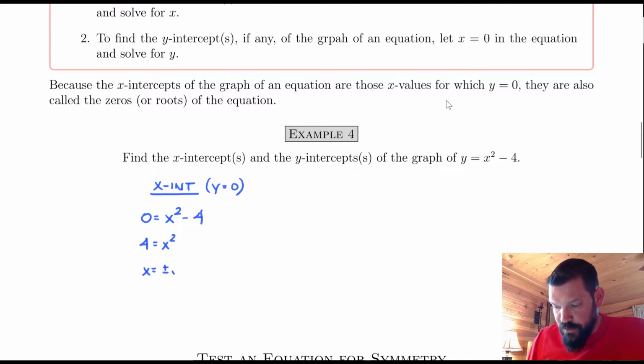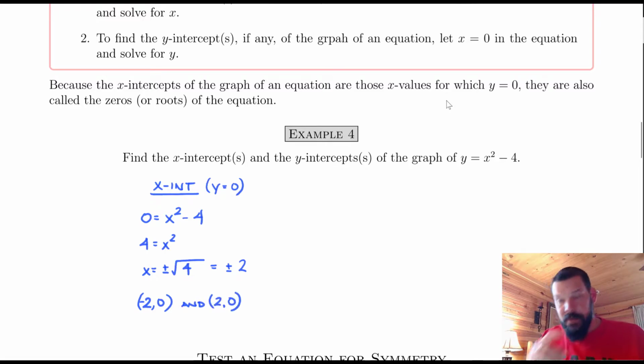And remember, when you take the square root, you do the plus minus because you can have a positive value and a negative value, and we'll end up with ±2. So this graph has 2 x-intercepts. One of them is at -2, 0, and the other one is at +2, 0.